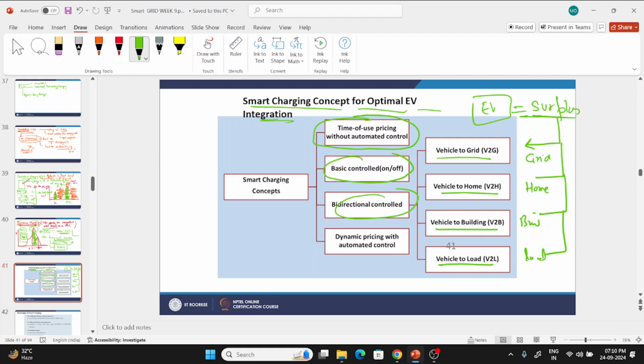We generally call this technology V2X. X can be anything: grid, home, building, anything. This is V2X. Now comes dynamic pricing with automated control, which I have just discussed, how we can control the dynamic pricing.